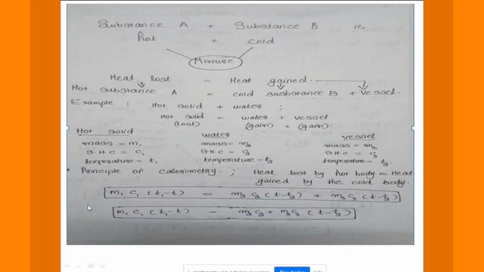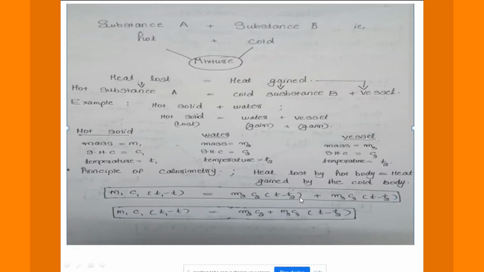So as per the mathematical form, we can write the heat loss, that is this side, m1c1 into (t1 minus t), which indicates a fall in temperature, equals, here there is a rise in temperature, that means heat energy is gained by these two parts, water and vessel. So this will be m2c2(t minus t2) plus m3c3(t minus t2), where you can see these are at the same temperature.